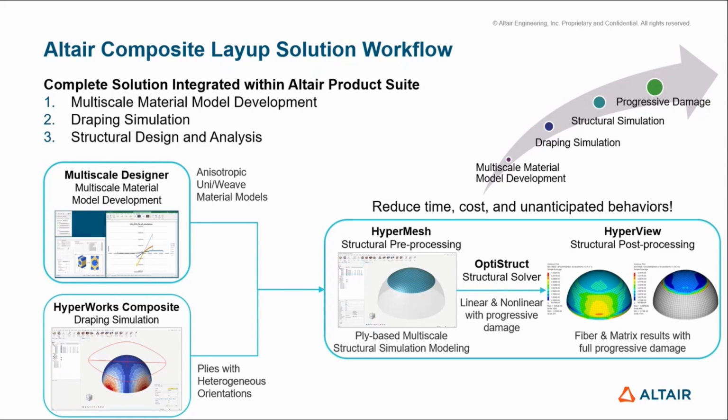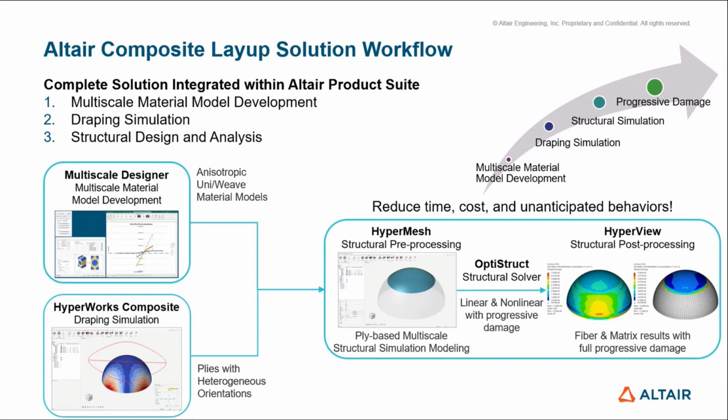On the other hand, we have the ply-based modeling capabilities of HyperWorks, which enable you to very quickly create and modify your models. And for the layup solution, that also includes draping simulation.